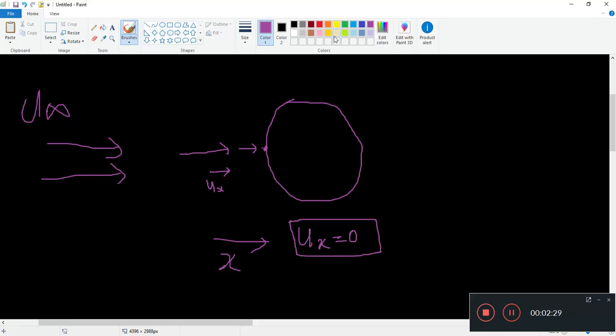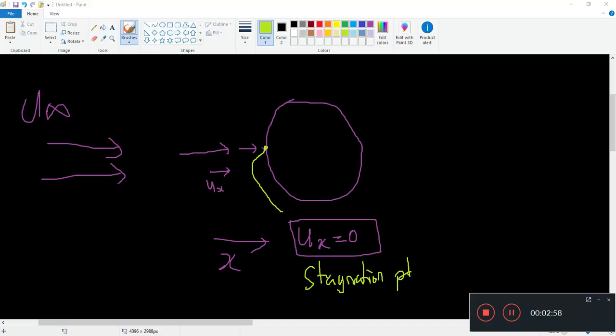All right, ux equals 0 at this point, and this point is known as the stagnation point. Stagnation point. If you do a quick Google search online, that's what they will show you. This is more or less the correct way of describing it.